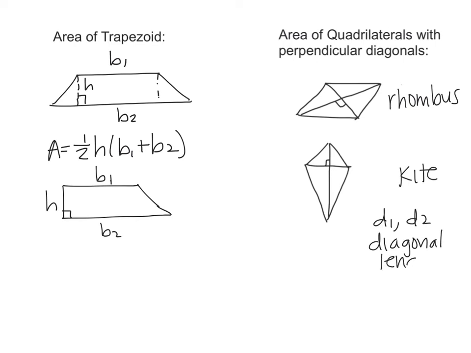We'll call it diagonal lengths. Doesn't matter which one you label what. So this could be D1 and this is D2. This is D1 and this is D2. So in order to find the area, we do 1/2 D1 times D2. So you multiply the two diagonals together, and then you divide that by 2, and that gives you the area of a rhombus and a kite.